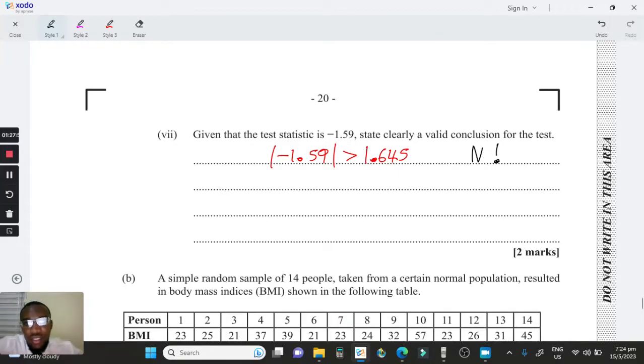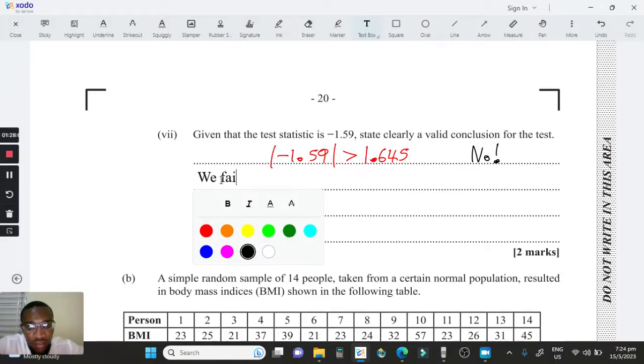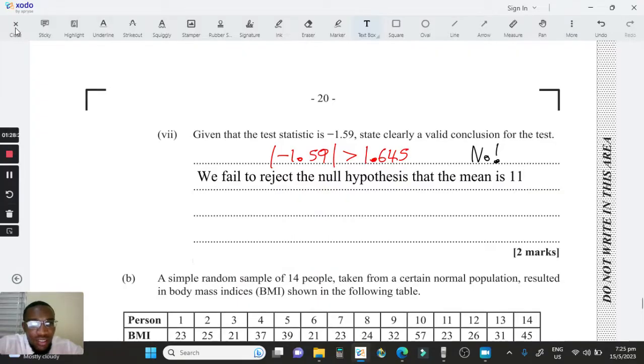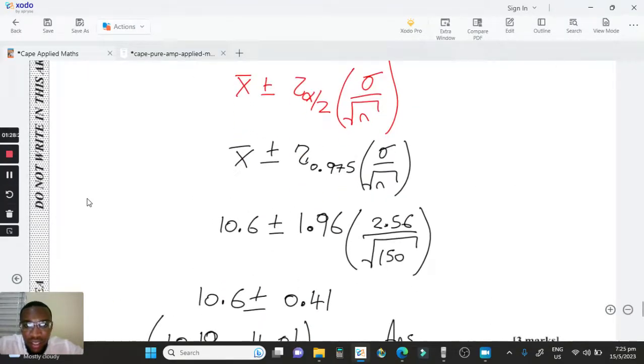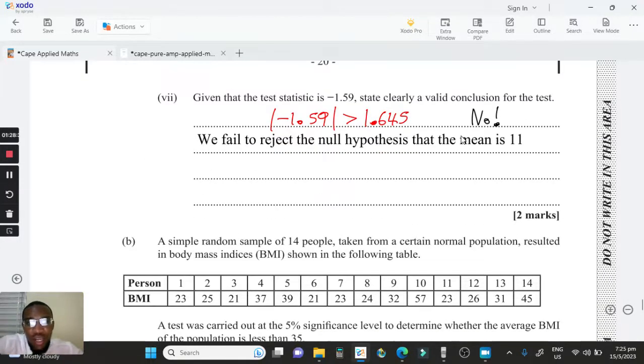So since the modulus of this is not greater than 1.645, we fail to reject the null hypothesis that the mean is 11.0. That's it.